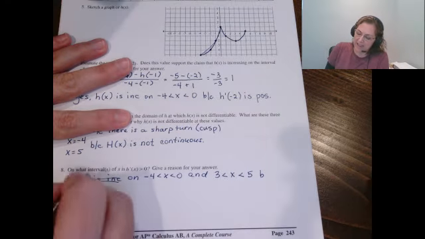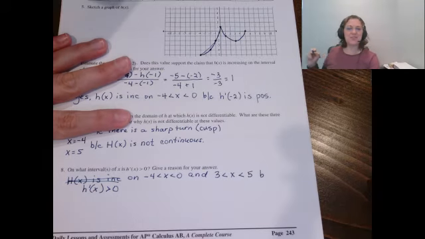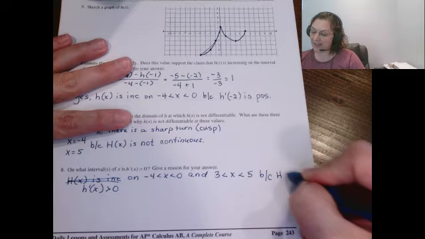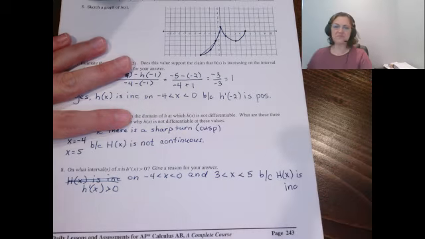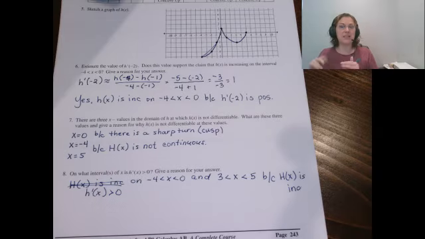Let's say it like this. H prime of x is greater than 0 on those intervals because h of x is increasing. So many times we say it the reverse, but I want to make sure that we are saying it the correct way here. So, yes, h prime of x is greater than 0 on these intervals because h is increasing.